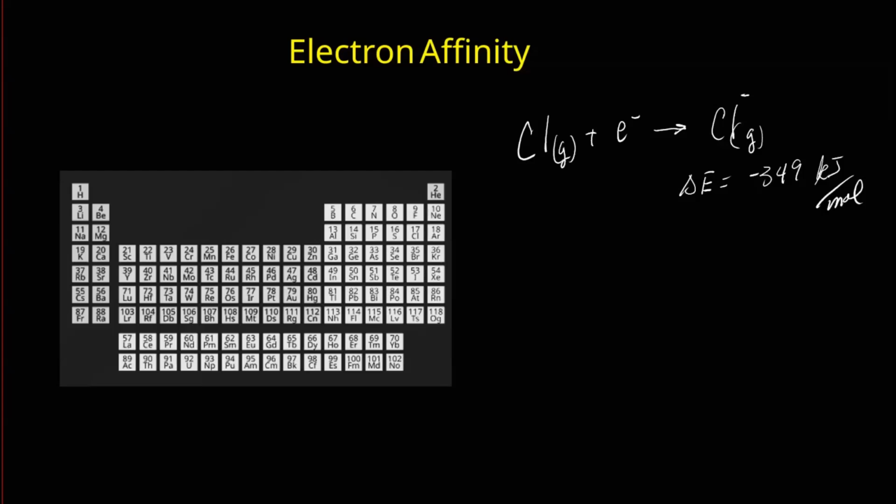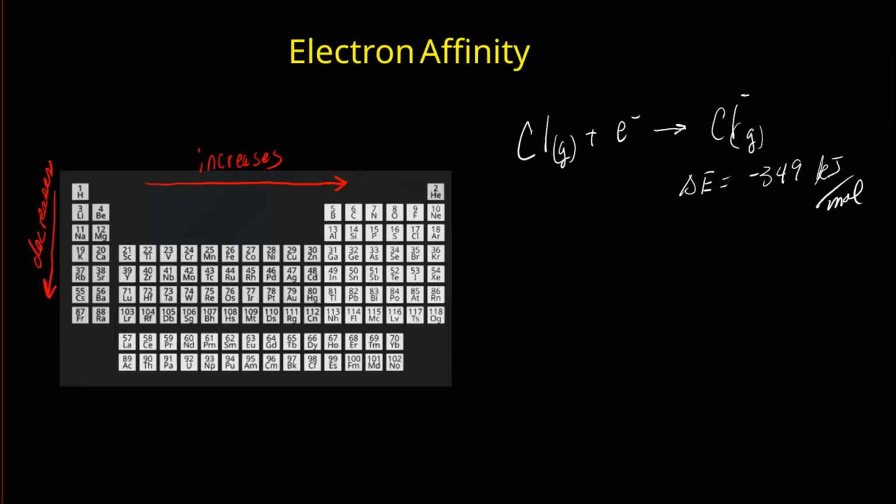The trend is if I go across from left to right, it becomes more negative. If I go down, it becomes less negative or decreases, since the extra electron will be further from the nucleus.